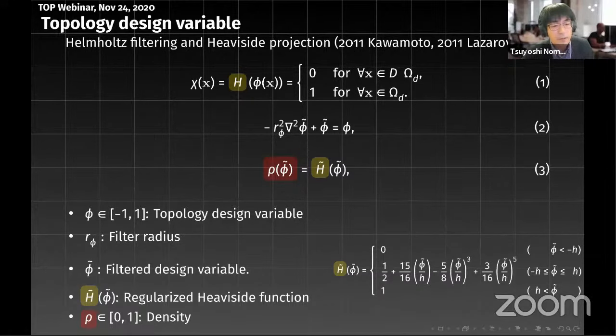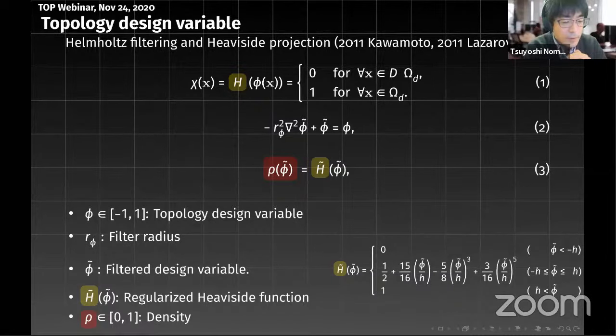It uses Helmholtz-type density filtering with Heaviside projection, which was proposed in 2011 by Professor Kawamoto and Professor Nishiwaki, and I'm following that formulation. It starts with a level set function and uses a Heaviside projection to obtain the characteristic function chi.